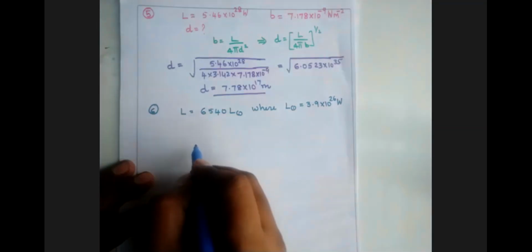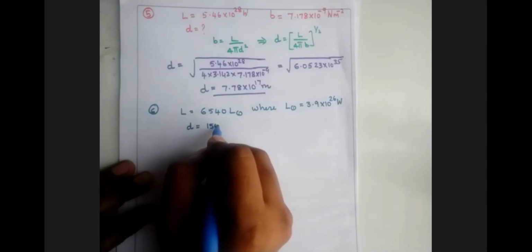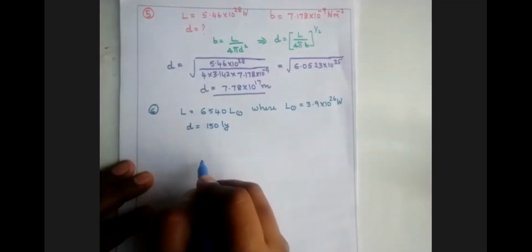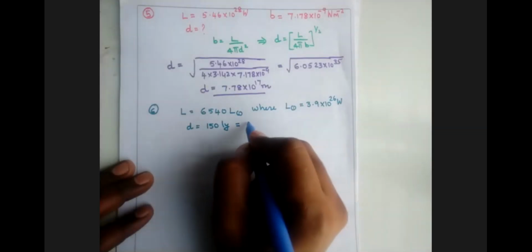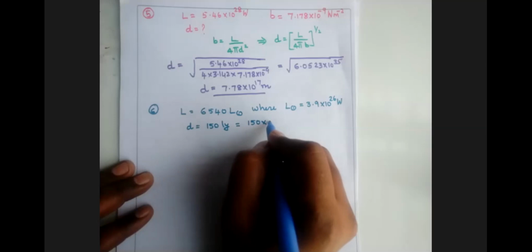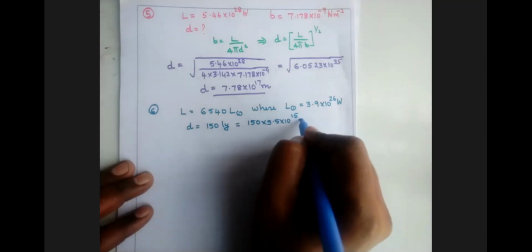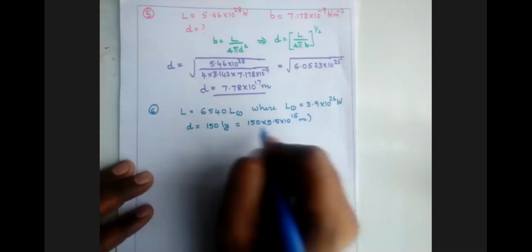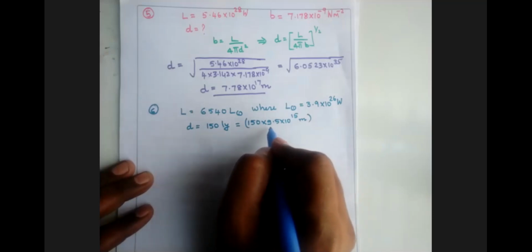The distance of the star from the earth is 150 light years. Convert this into meters. 150 into 9.5 into 10 to the power of 15 meters. Already we know the conversion factor. 1 light year corresponds to 9.5 into 10 to the power of 15 meters.